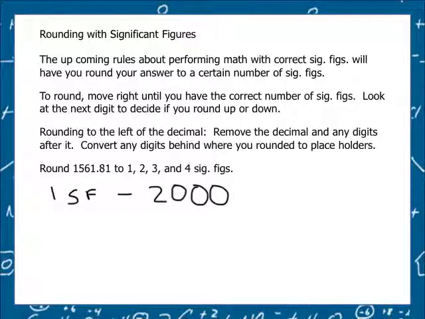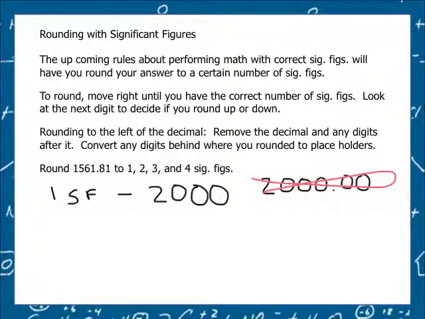What some students will do is write 2,000 and do that for the 2 numbers after it, and this is not correct. If you go back to the previous video on the rules, if there's a decimal present, all zeros except zeros in the front of the number count as significant. So these would not be regarded as placeholder zeros if there's a decimal present, and that would still have 6 significant figures. That is not what we want.